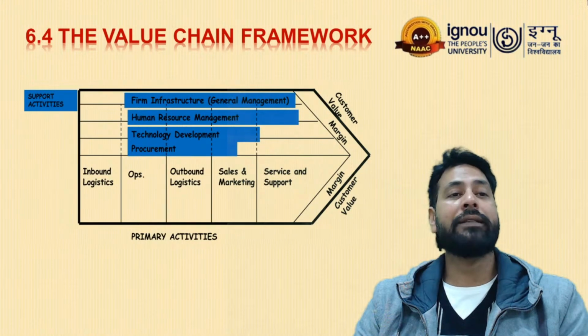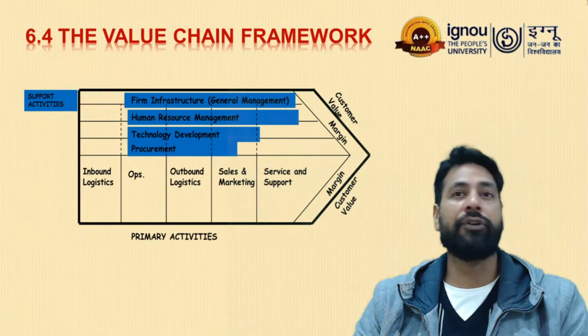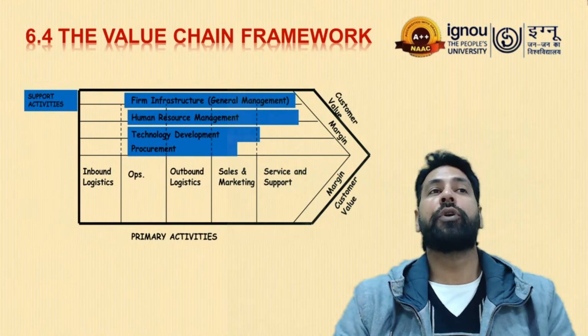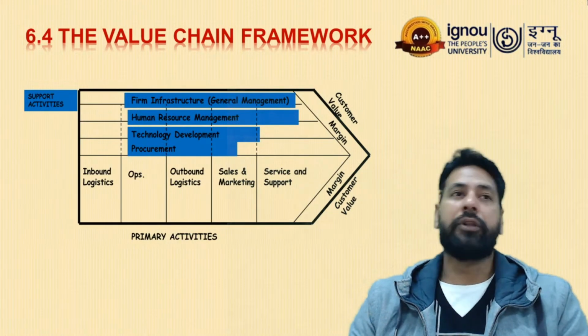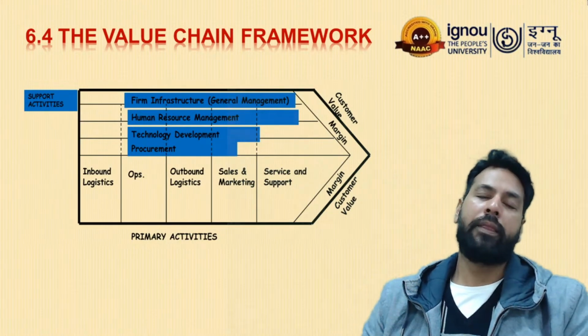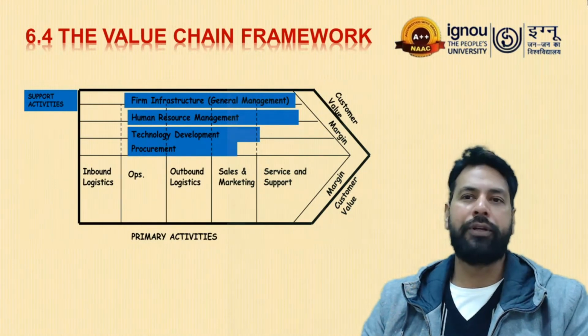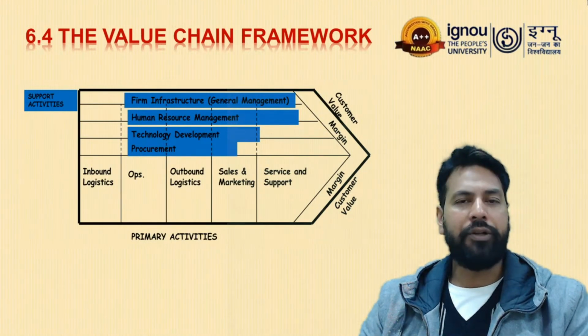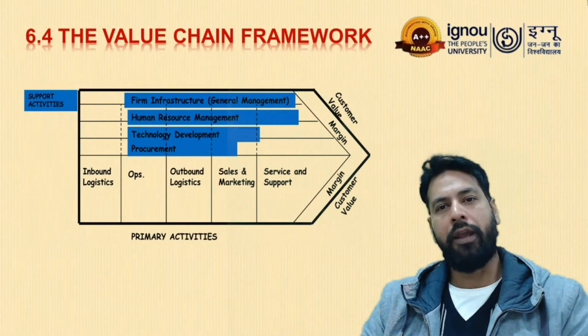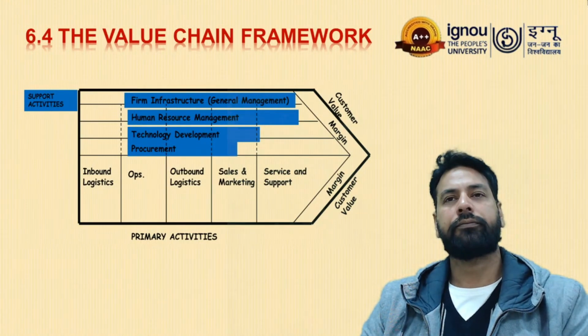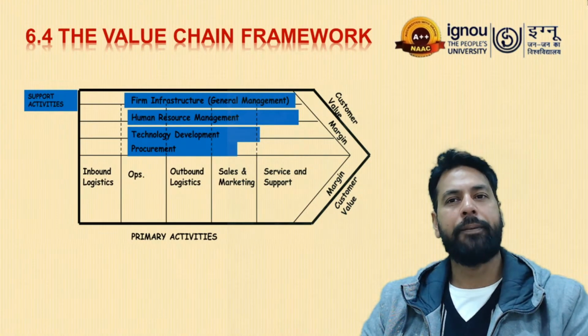And the last of the secondary or support activities is procurement. Always remember this. There would be many sellers if you are purchasing your raw material, but the factors you have to take care of are quality and price.